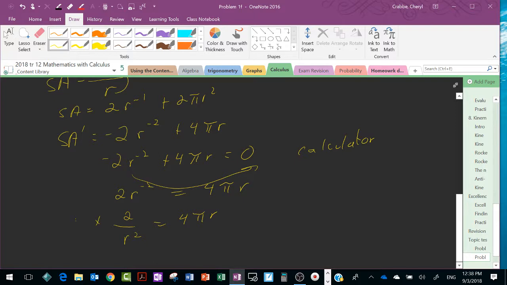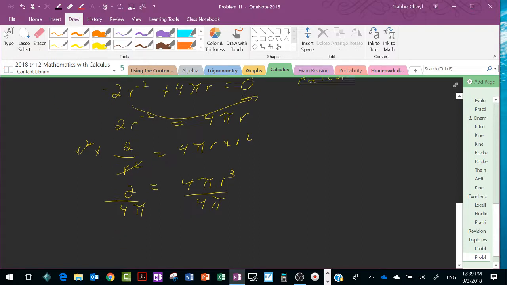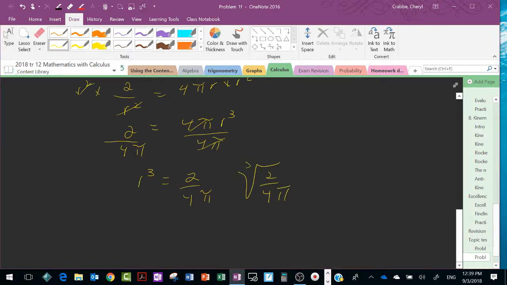Then I'm going to multiply everything by r squared, and I'm going to get 2 equal to 4 pi r cubed. I'm then going to divide by 4 pi, and take the cube root. Cube root of 2 over 4 pi. So that's going to give me r.